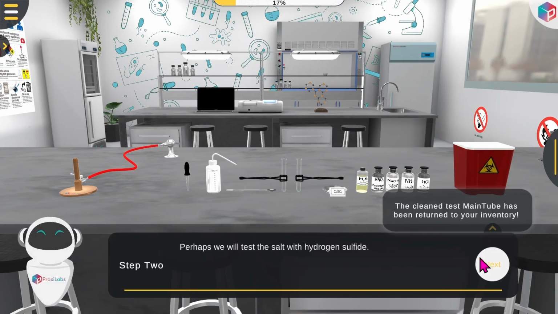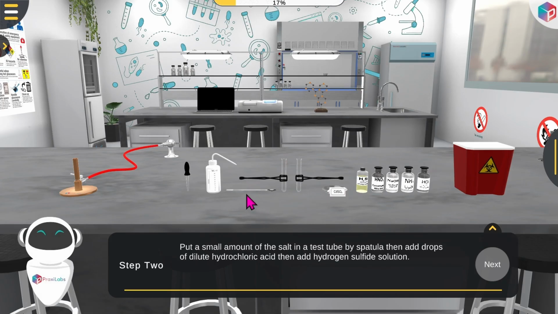Step 2. Put a small amount of the salt in a test tube by spatula. Then add drops of dilute hydrochloric acid.